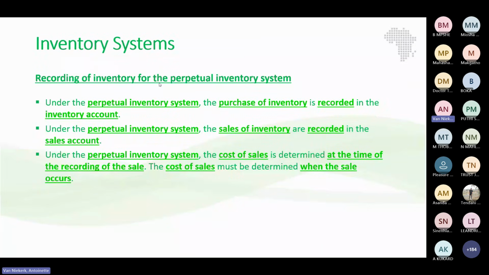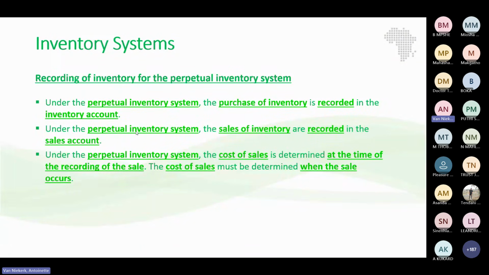Recording of inventory for the perpetual inventory system. Under the perpetual inventory system, purchases of inventory are recorded in your inventory account. So when you have the perpetual inventory system, you forget about purchases, you use your inventory account.